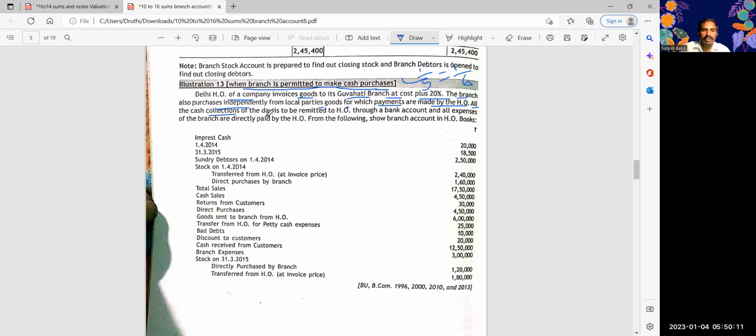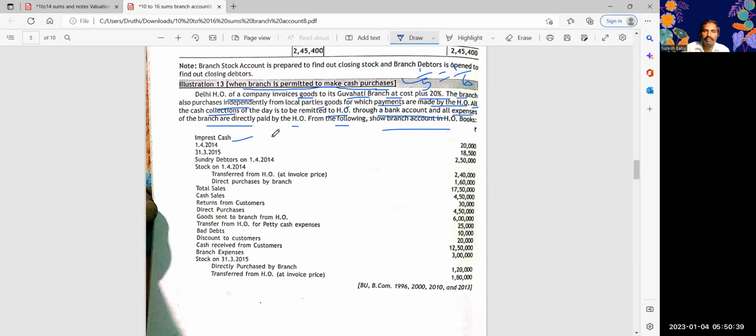All the cash collections of the day are to be remitted to head office through a bank account, and all expenses of the branch are directly paid by head office. From the following, show the branch account in the head office books. You may purchase, but after you purchase, the payment will be made by whom? Not by you. It is done by your head office.